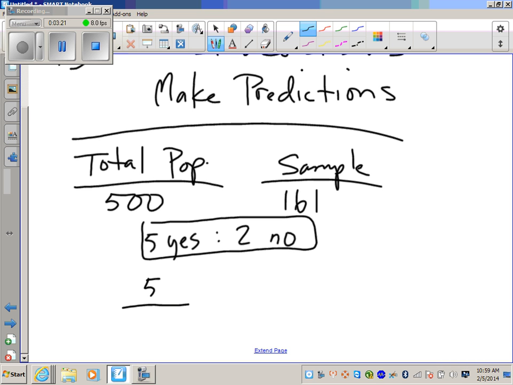Nah, that's a little high. For every 5 that said yes, 2 that said no. That's a group right there of how many? 7. 5 of the 7 said yes. See how that works? 5 yes, 2 no. Gives you a total of 7. Got that? Okay. That was from the sample.